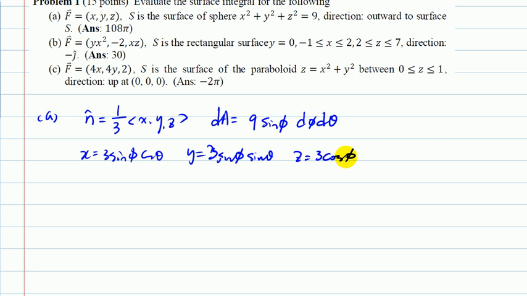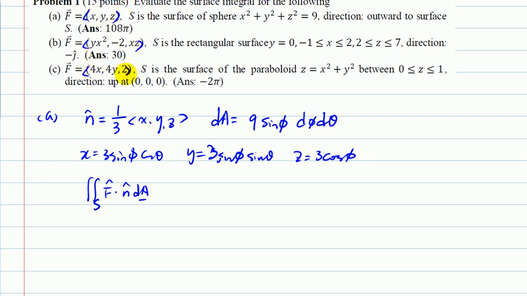The rest of the work is essentially just filling in the blank for the surface integral, F dot n hat dA over S. So dA you have it here, n hat you have it here, F is given, and this should be this.